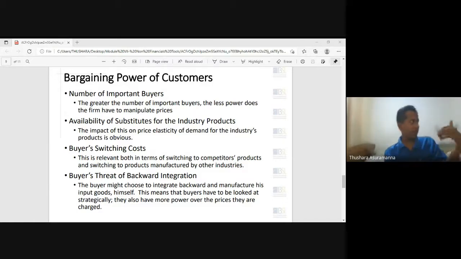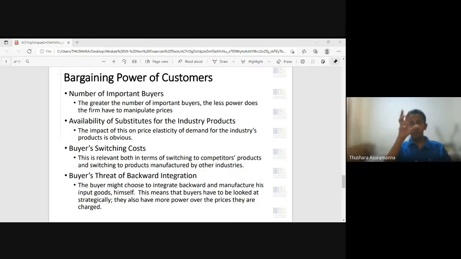But vice versa, if you have a number of buyers out there, no issue, right? Whether client A purchases or not, it's not an issue. If B is not there, C is there, like a boutique shop. There may be some regular customers, but generally a passerby can come and purchase something; they're not the regular customers. Maybe 1,000 guys are there to purchase goods from your boutique shop.